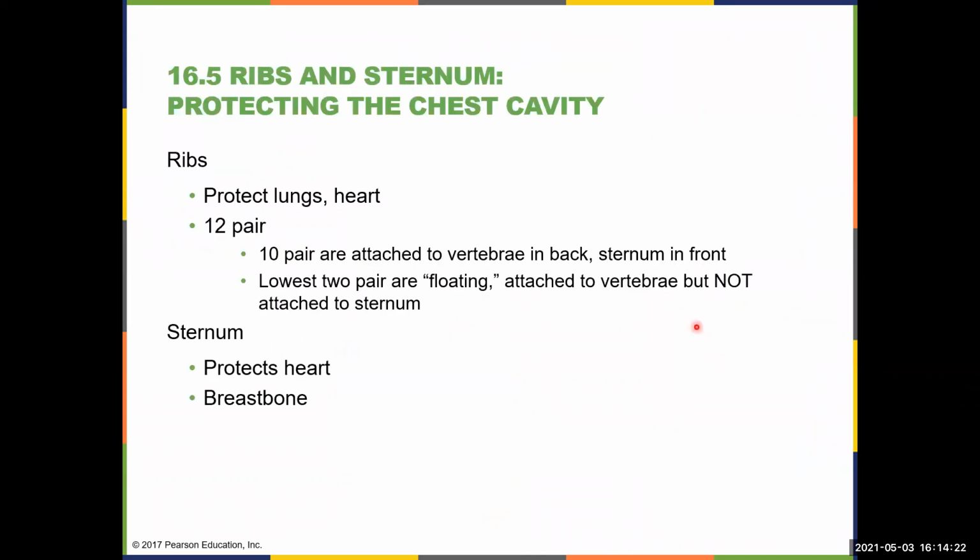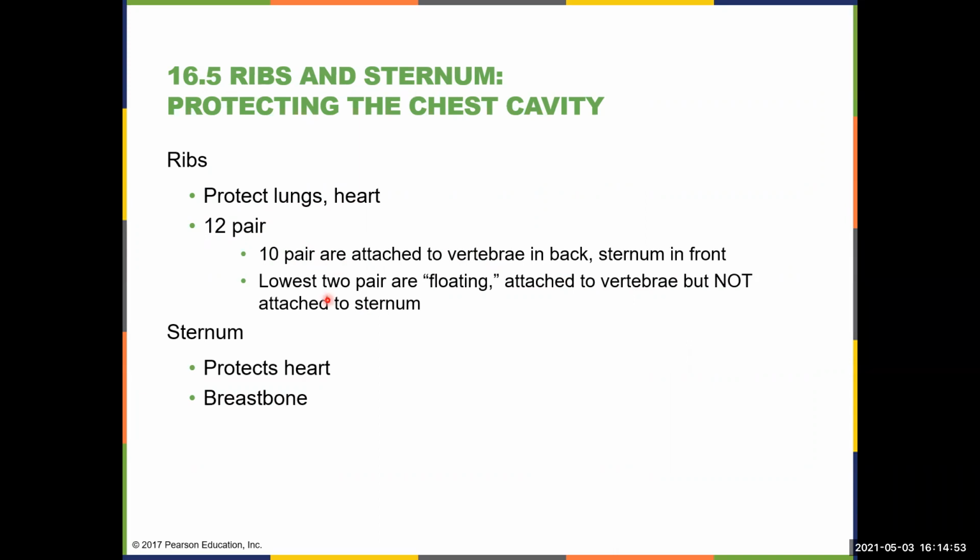All right, so the next portion of the axial skeleton is going to be the sternum and the ribs. And like I mentioned, the ribs come off of the thoracic vertebrae, and their purpose is to protect the lungs and the heart. We have 12 pairs of ribs, so 1 pair for each of those 12 thoracic vertebrae. 10 of the ribs are attached to the vertebrae and the sternum.